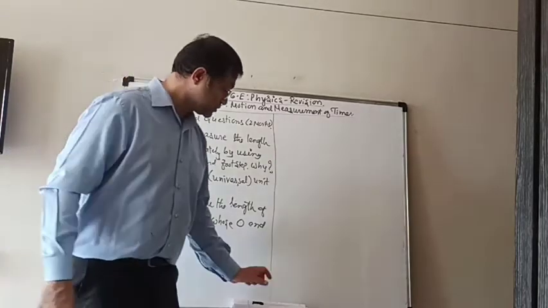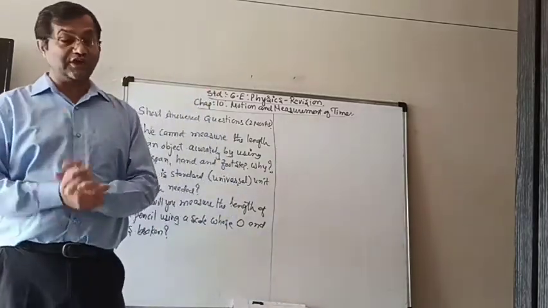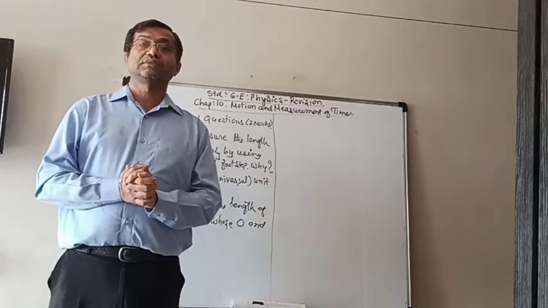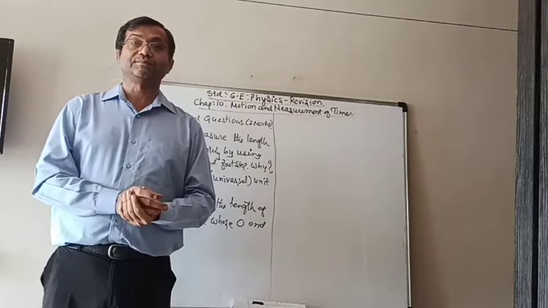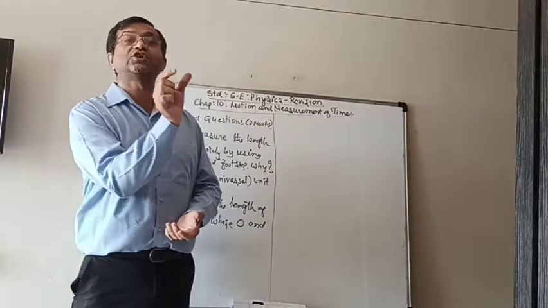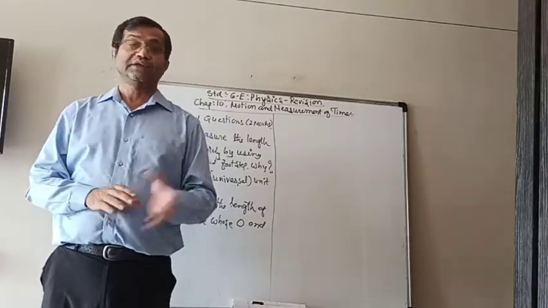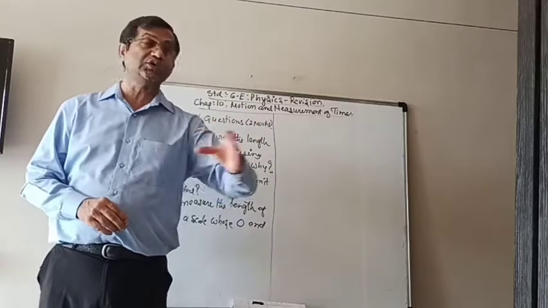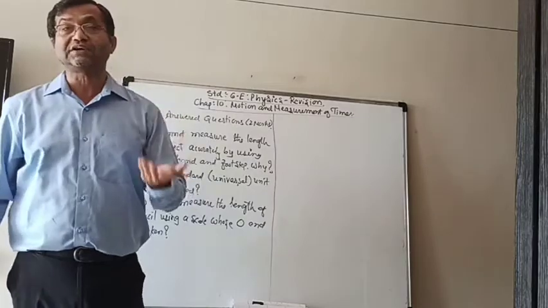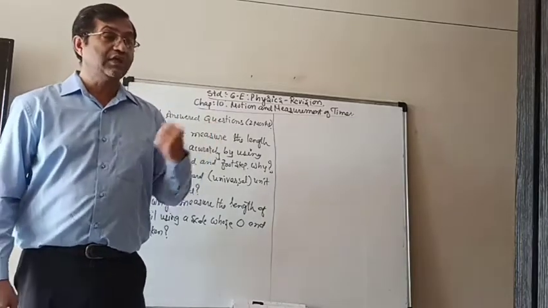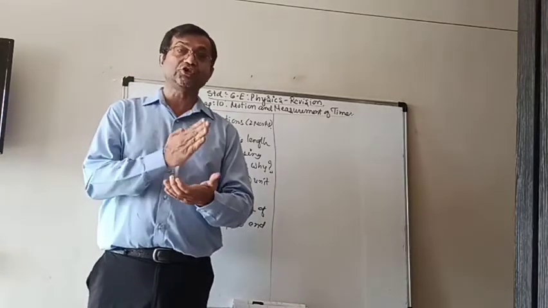Okay. So the question is that we have to find the length of the pencil. You have a scale, but its zero end is broken. You don't have that zero end in your scale. Then what should be done? How can we find the length of that pencil?